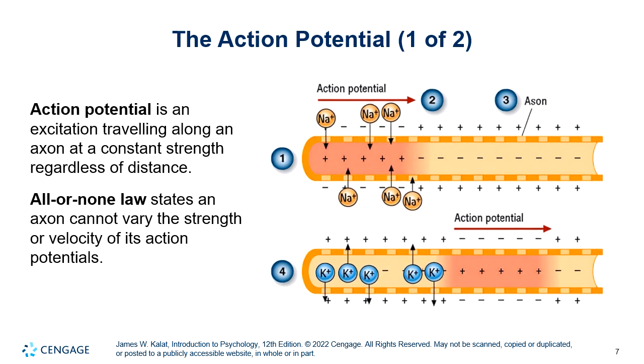But it's exciting enough that it's going to get those sodium channels to open up, and then the sodium ions will start rushing inside that neuron. And whoa, suddenly inside the neuron it's going to become less negative and even briefly positive. It'll be this change that we call depolarization. It's like the neuron's going, wait, what?